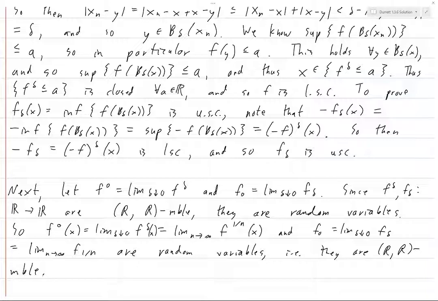Okay. So we also know that sums of measurable functions are measurable. So f0 minus f upper 0 minus f lower 0 is measurable. Now, the singleton set containing 0 is closed.